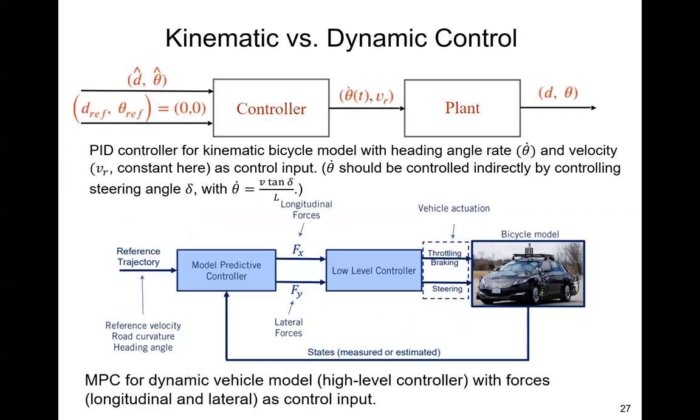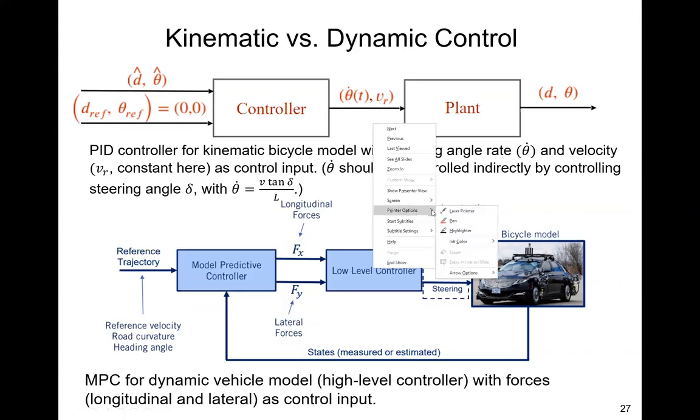Here are the two examples we saw before. The first one, the lateral control of a bicycle model. This is a kinematic model because there's no mass in here. There's no force. Only derivatives of the heading angle theta, and velocity as derivative of position.